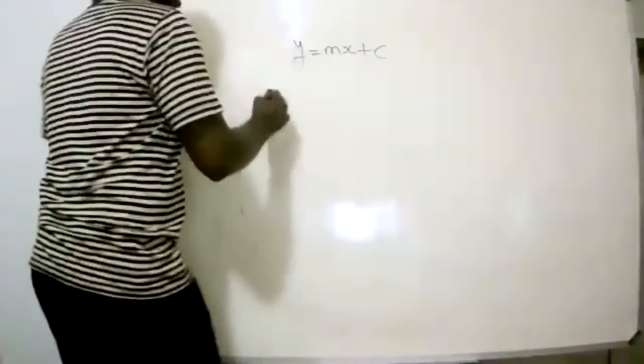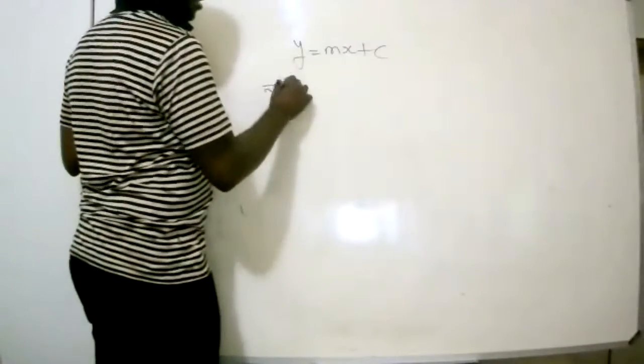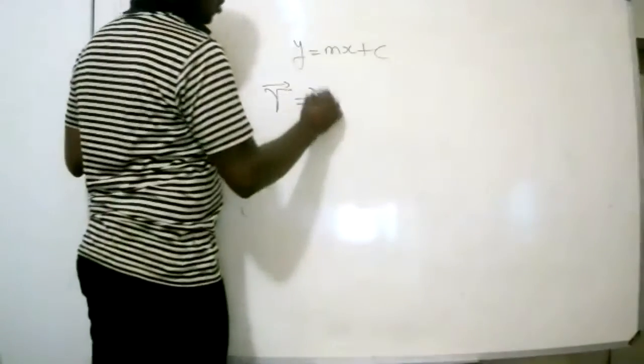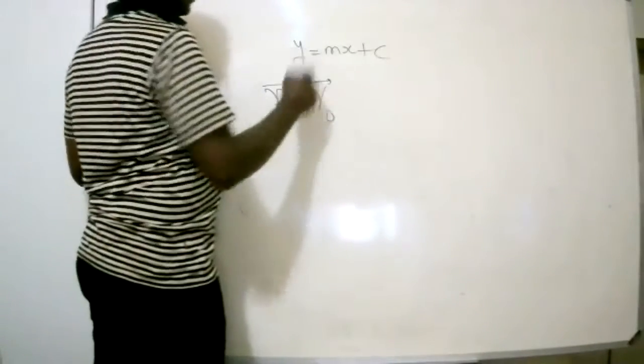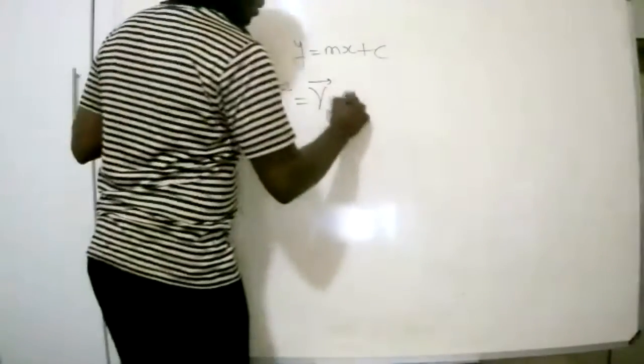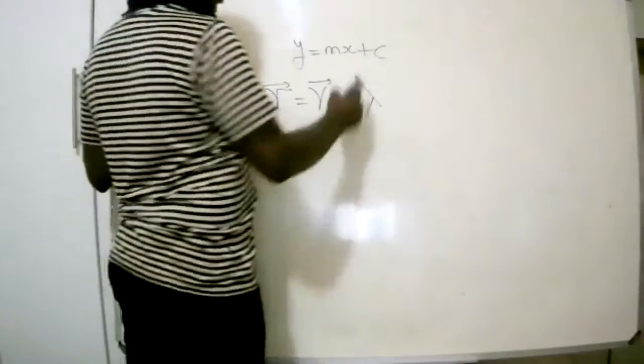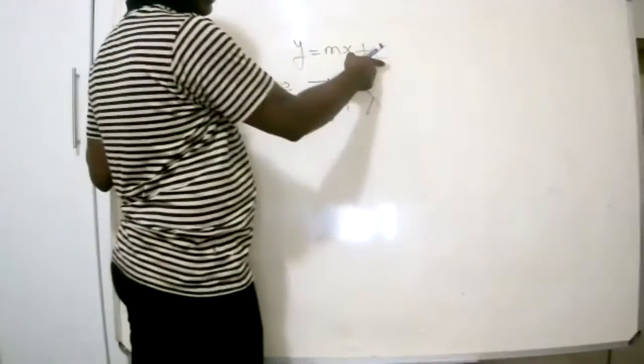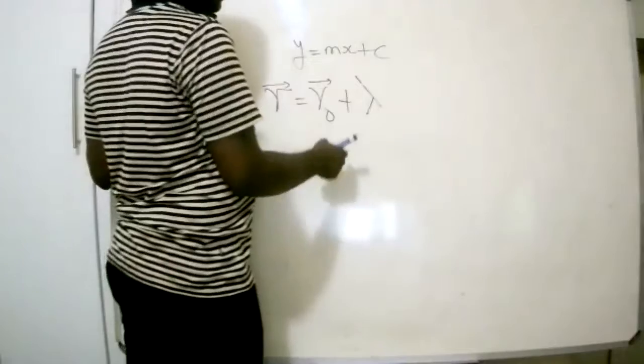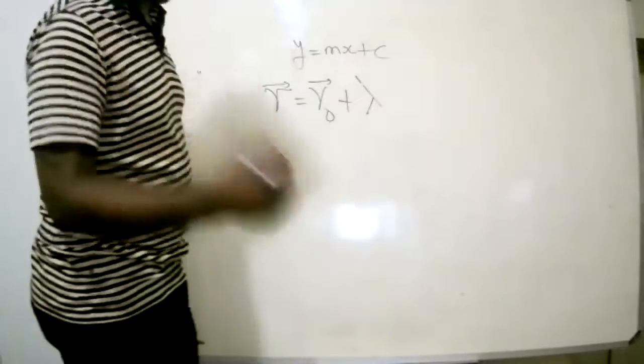So this is the equation of a line for vectors. We have r, which stands for vector, equal to r naught, which is the vector at the origin, plus lambda, which is a scalar quantity. So this is a constant, like a c. We call a constant a scalar quantity.